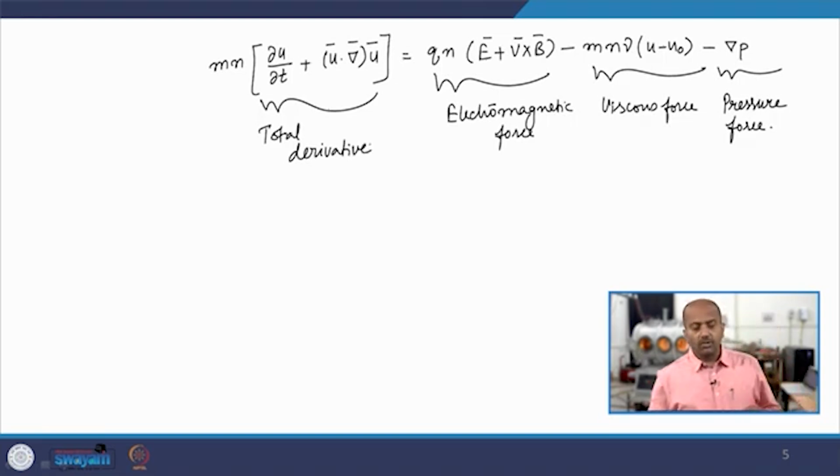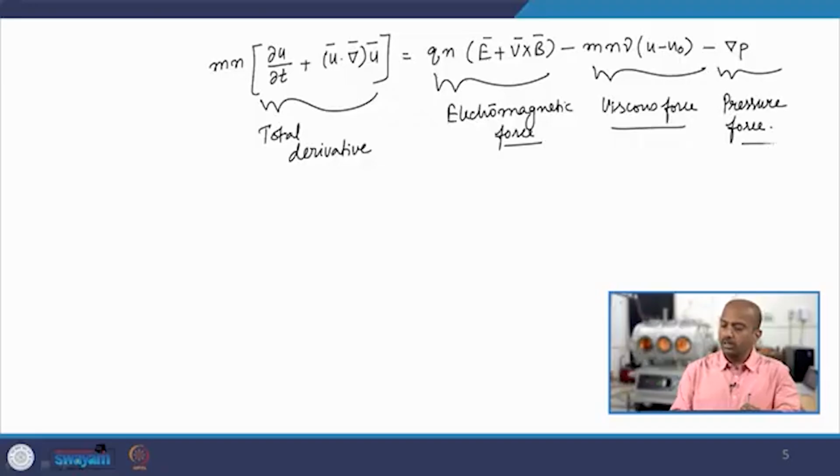So, if you look at this equation, on the left hand side you have the rate of change of momentum, on the left hand side you have the acceleration term, but written by using a total derivative, because we want to account for the motion of the fluid also while following the motion. So, the acceleration of the fluid element or fluid volume is equals to the effects imposed by the electromagnetic force, the viscous force and the pressure force.